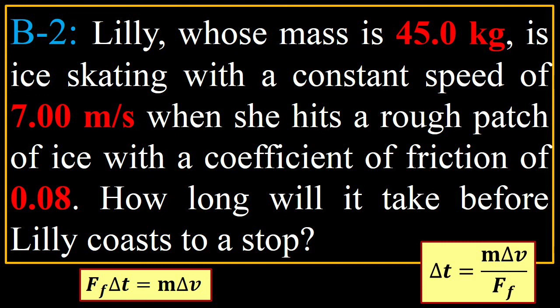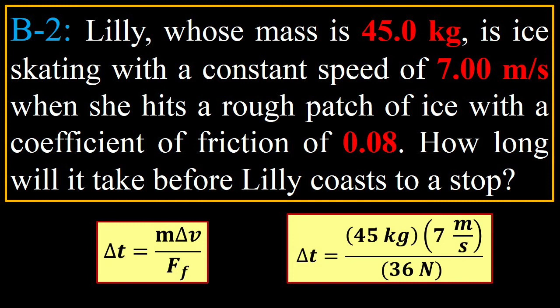So now all we have to do is plug in 45 kilograms for the mass, negative 7 meters per second for the change in velocity, and negative 36 newtons for the friction. But the negatives cancel, and you're left with a time. So before we do this, it's going to be 45 times 7 divided by 36, and what is going to be the answer here?